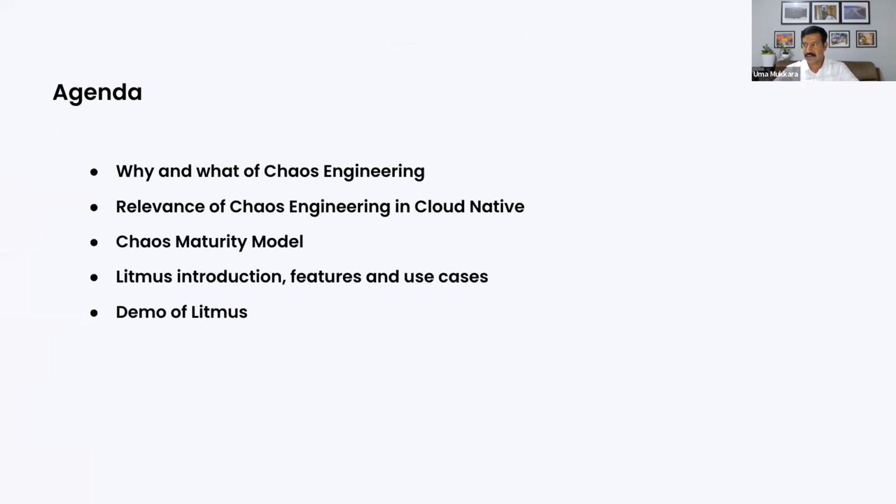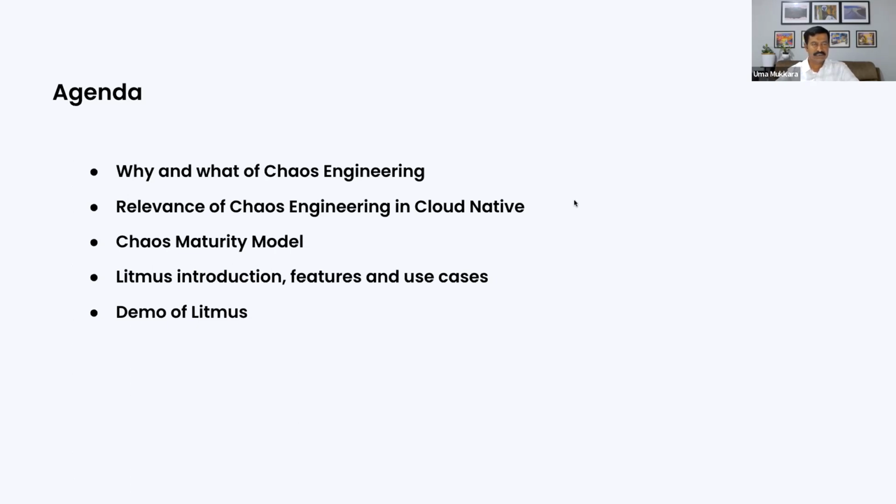What's the maturity model to think about, how to begin with, and where do you see chaos going in a few years within my organization, all that. Then we'll go a little bit into Litmus and the open source tool, and then Nilanjan will do a good detailed demo, right? And we can run this show for very long also, anywhere from 30 minutes to 2 hours. But let's also keep asking the questions in Q&A. One of us will keep looking at the Q&A, right?